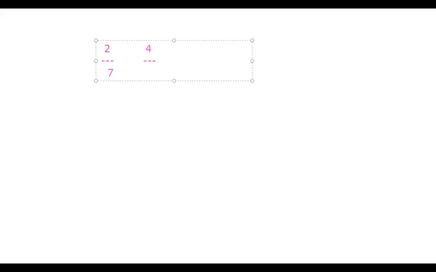Now what will we do? There are two ways of comparing. Watch carefully. One way is I multiply this one with this one, and again I multiply this one with this one. This is the simple way.